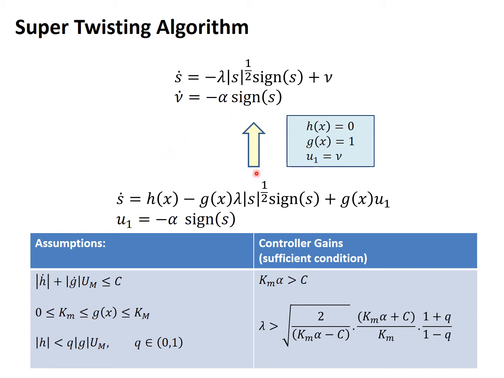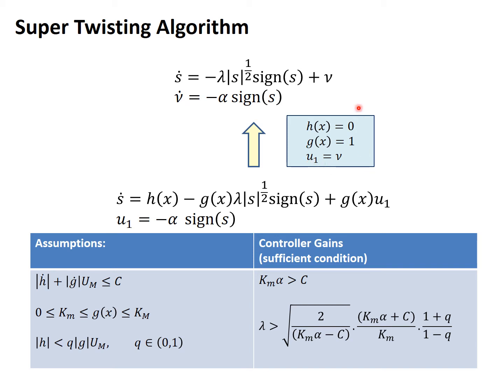Now if you look closely, this form translates to this form when Hx is 0, Gx is 1 and U1 is new. As simple as that.